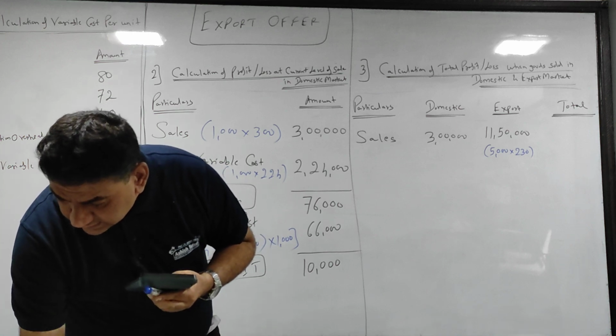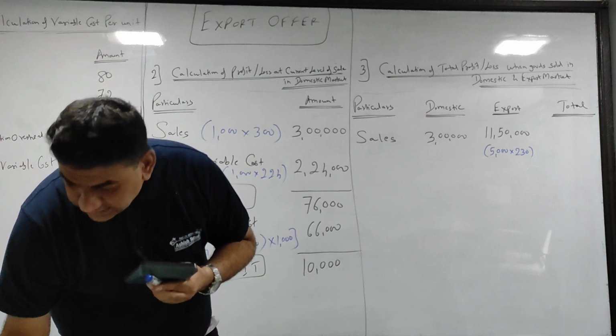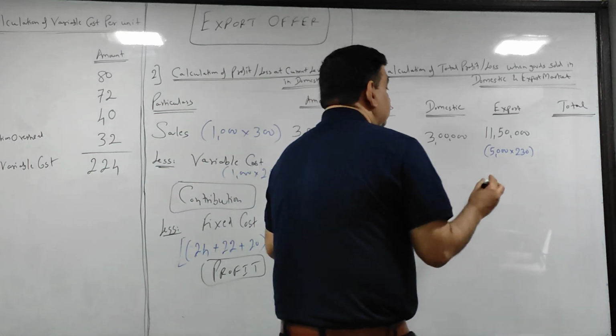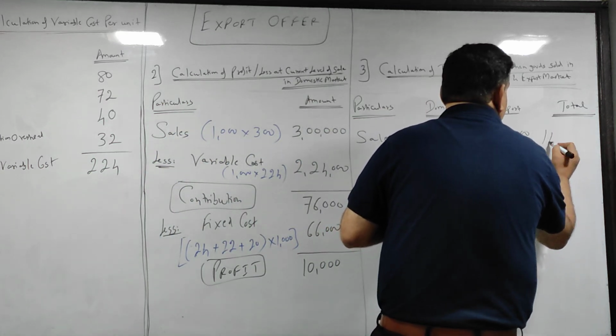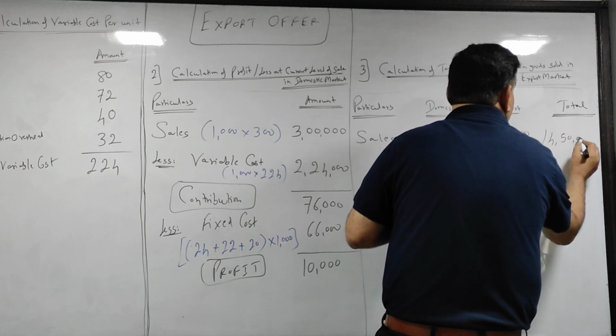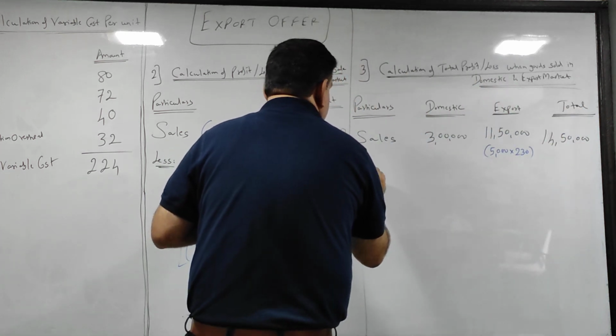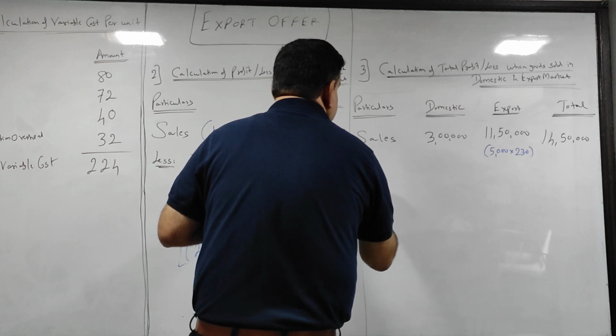Correct? It was 230, right? Yeah. So let's take the total. 3 plus 1150 gives you 14,50,000. From this, less variable cost.